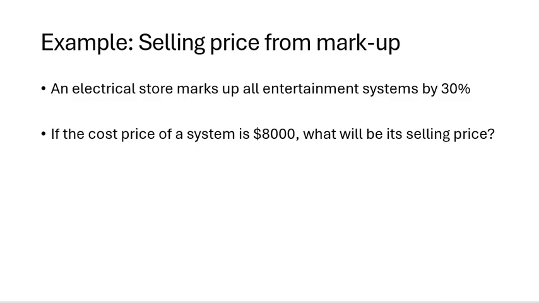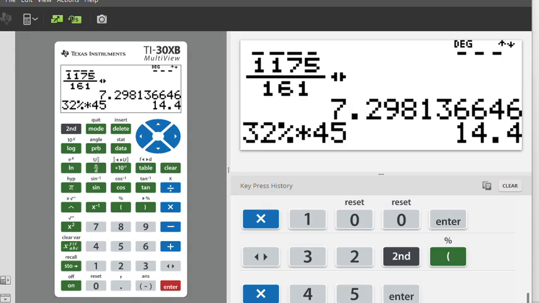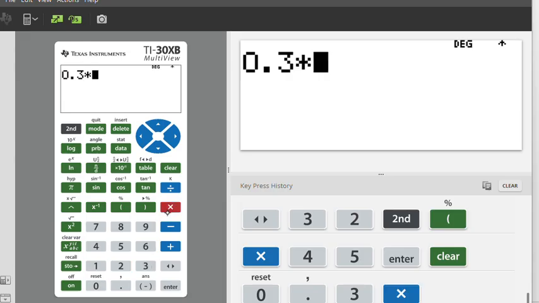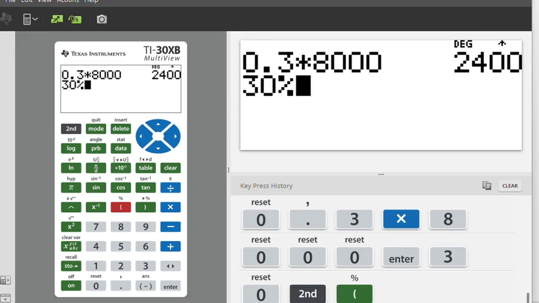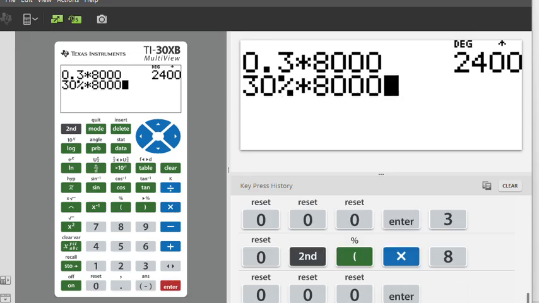An electrical store marks up all entertainment systems by 30%. If the cost of a system is $8,000, what will be its selling price? So I'll do both methods. I'll do method one. What I'm going to do is find out the markup price, which equals... you can do 0.3 times 8,000, or you could do 30% times 8,000.